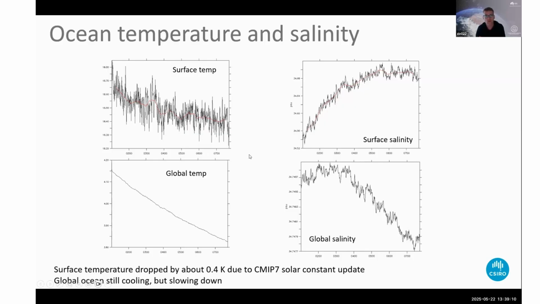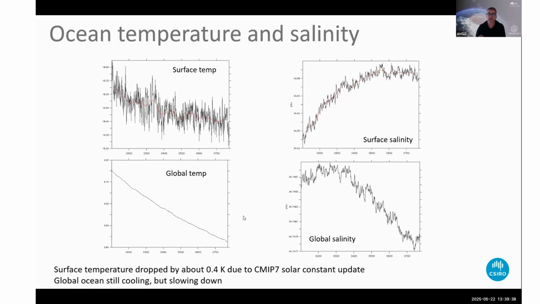It's about 0.4 Kelvin. But it stabilizes relatively quickly at the surface, but the global ocean will take a lot longer to adjust. It's slowing down, but it's still ongoing, and it might take another 1,000 years before that kind of stabilizes. And we are planning to run the model for at least that period in spin-up mode.